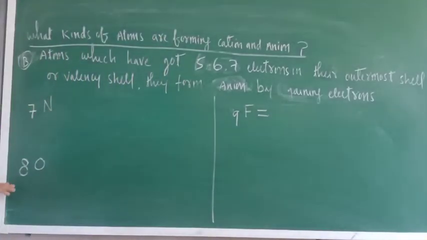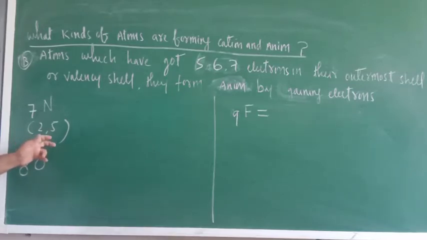Just see here, 3 examples I have written. Nitrogen, what is the electronic configuration? 2 and 5. I hope that you understand the Bohr-Bury scheme of electron distribution. Accordingly, I am writing here the electronic configuration, 2, 5. So just see, to have 8 electrons, how many electrons does this nitrogen require?